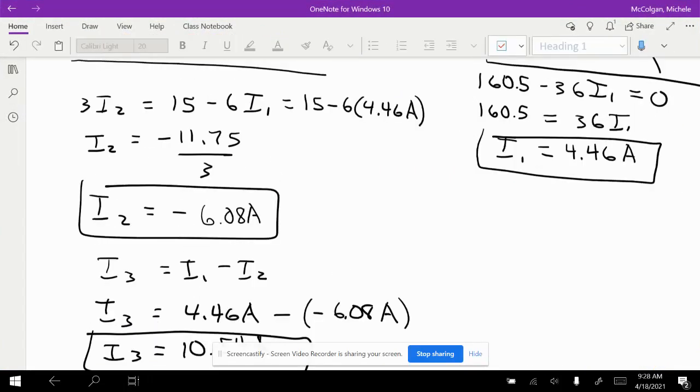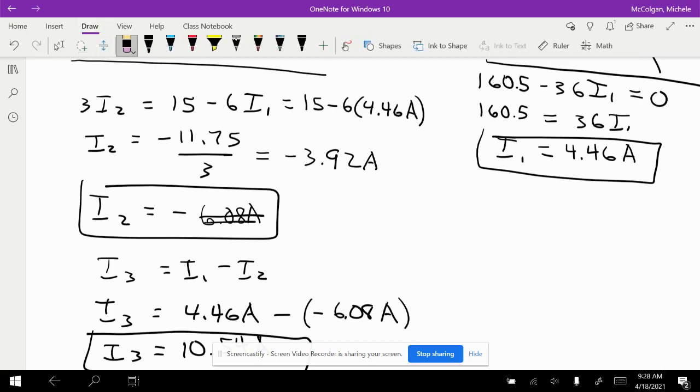Just a quick correction on the last problem. This is not quite right. This is a negative 3.92 amps. So we're going to cross that out, or we'll just erase, actually. We'll erase that. And this is going to be 3.92 amps.